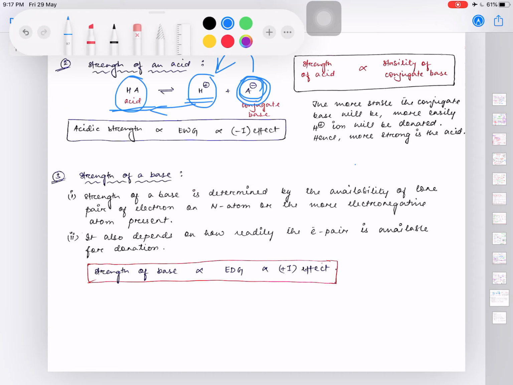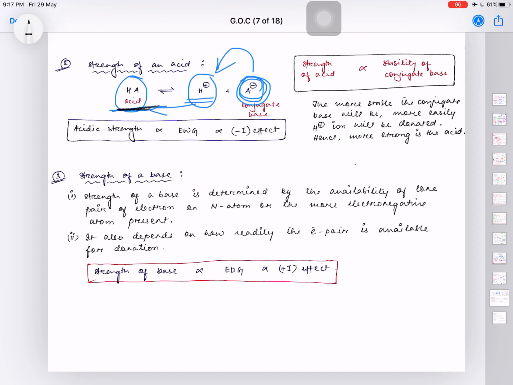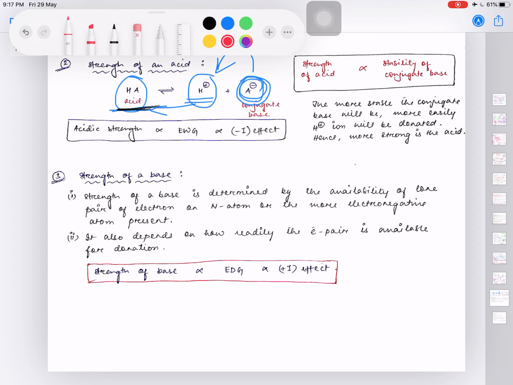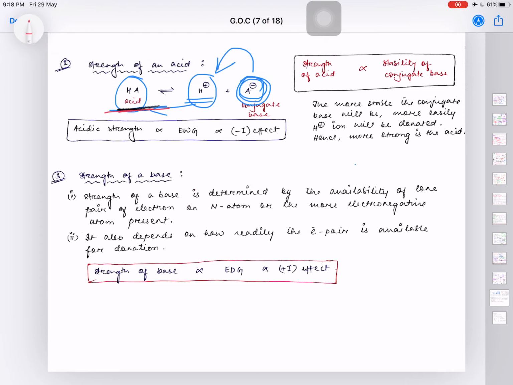Clear? Now if we say that HA is an acid because it gives H plus ions, we can also say A minus is a base as it takes H plus ions, because this reaction is in equilibrium, means it's a reversible reaction, both sides are possible.